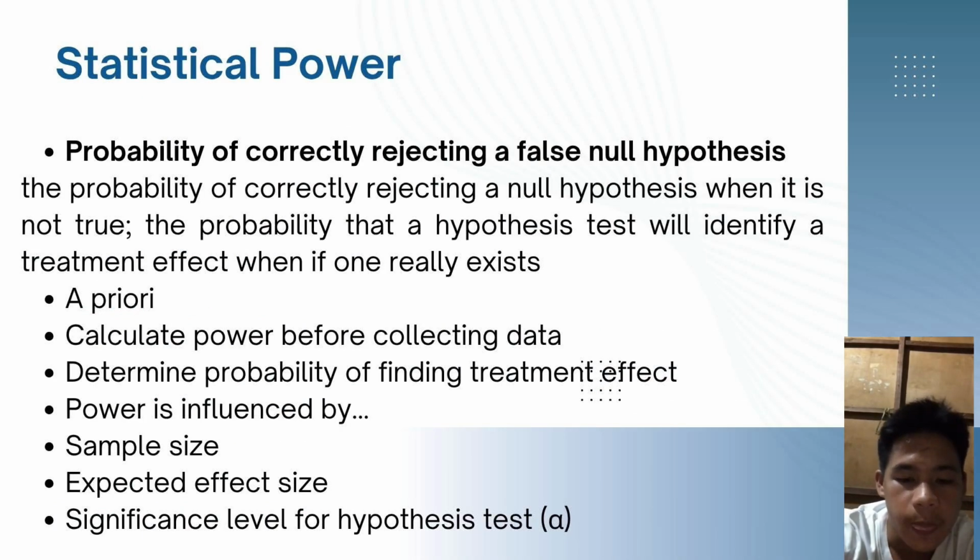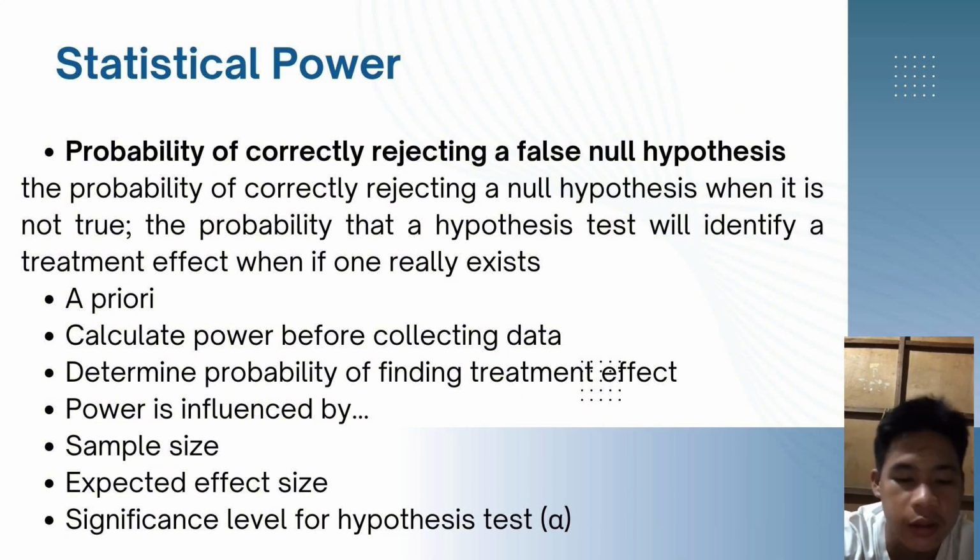Statistical power. The probability of correctly rejecting a false null hypothesis. It is the probability of correctly rejecting a null hypothesis when it is not true, and if an effect really exists, the probability that a hypothesis test will identify a treatment effect.